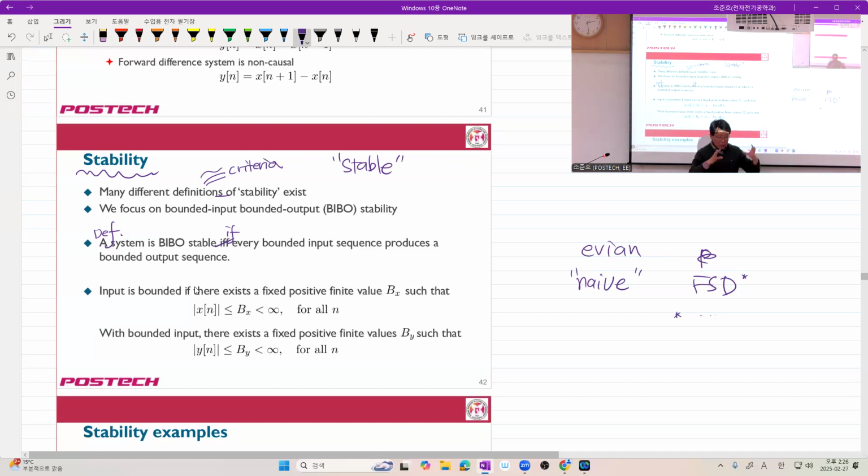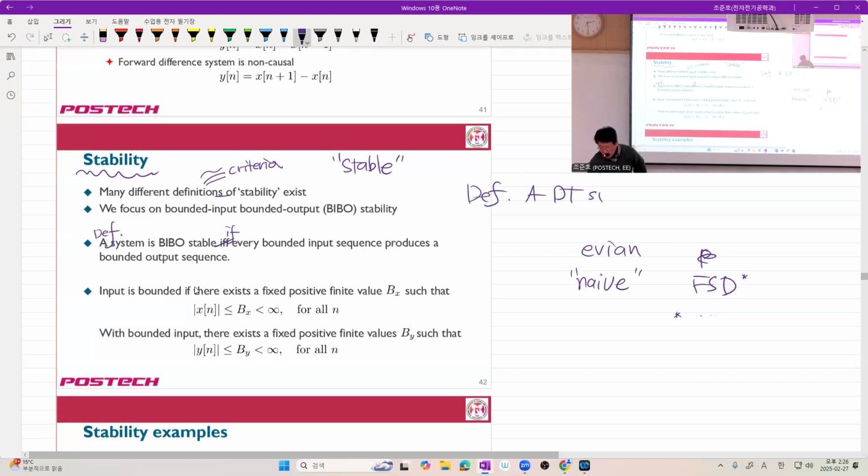So stable, the word already has some meanings. But as an academic researcher, you just have a new idea, but you cannot find any other plausible word than stable. Then what do you do? You define it.